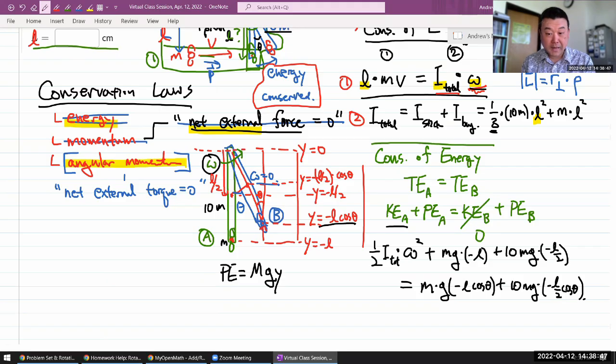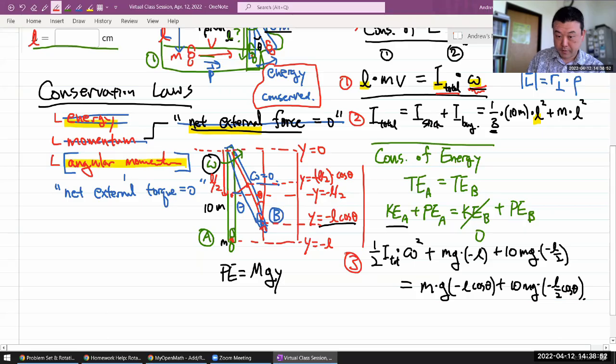Let's see. So this is my equation 3, where I've accounted for everything. So I know I have this unknown omega, which is nice because it'll connect this new equation to the equations I've had before. And I don't think there are any other new unknowns. I mean, L is unknown, but that's what I'm trying to solve for.